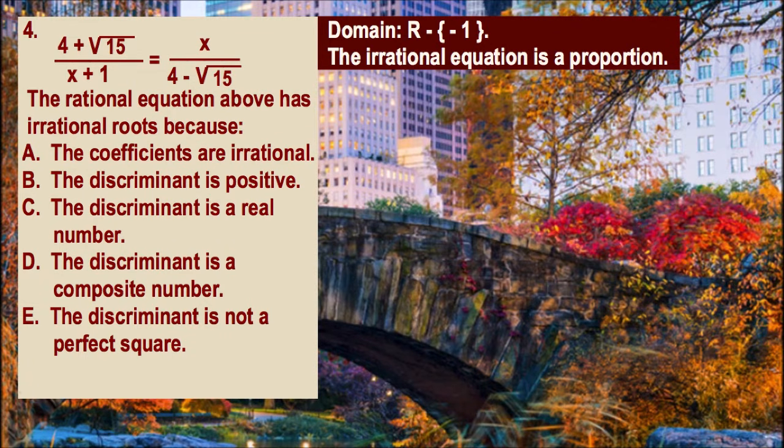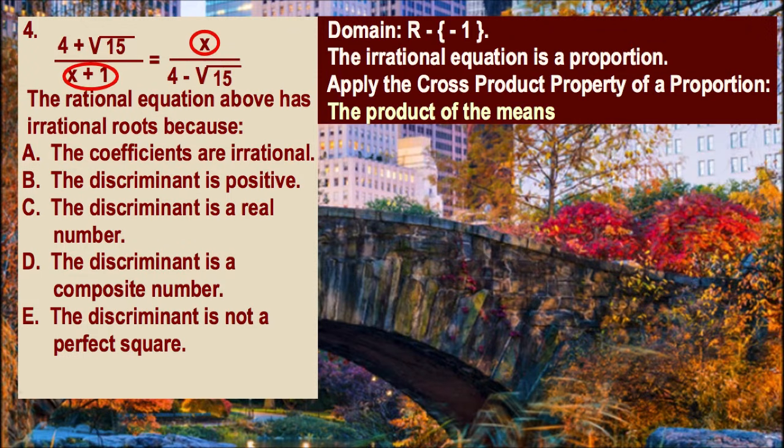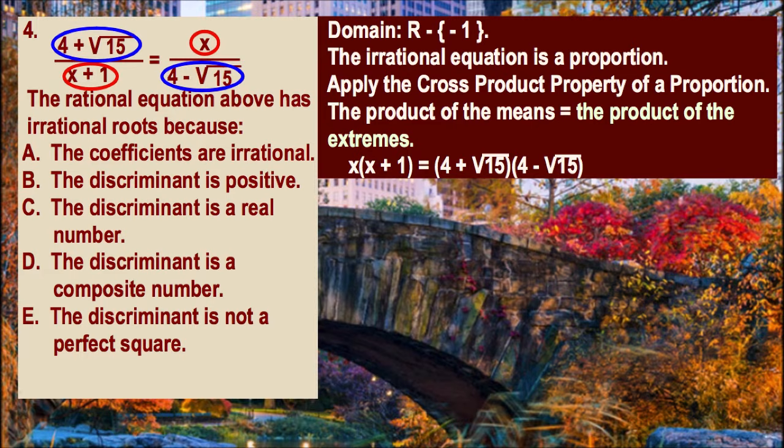The rational equation here is a proportion. So let's apply the cross product property of a proportion. The product of the means is equal to the product of the extremes, which results in x times the quantity x positive 1 equals the quantity 4 positive root 15 multiplied by the quantity 4 negative root 15.